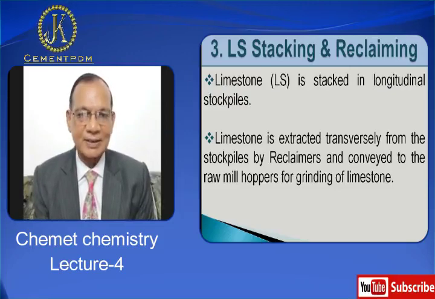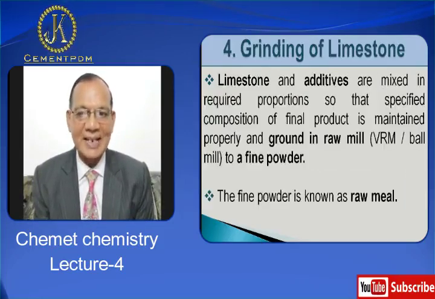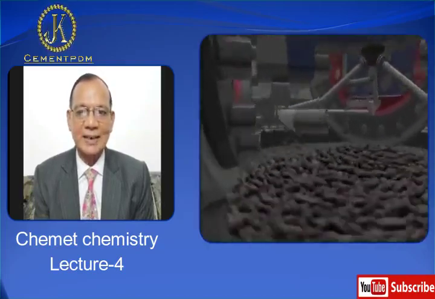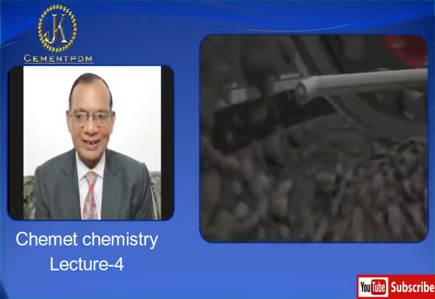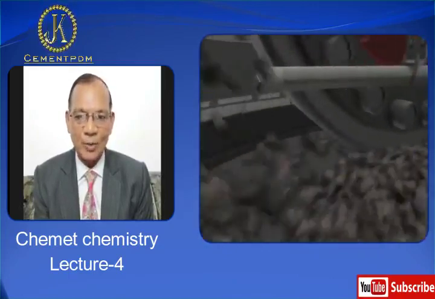Next step, that is the fourth step of the cement manufacturing process, is grinding of limestone and additives. Limestone and additives are mixed in required proportions so that a specified composition of final product is maintained properly and ground in raw mill.